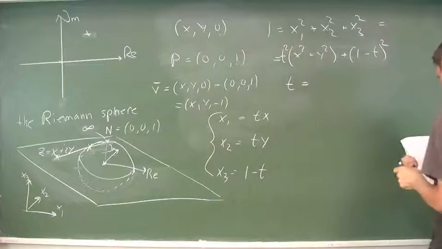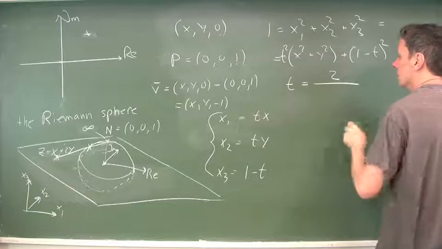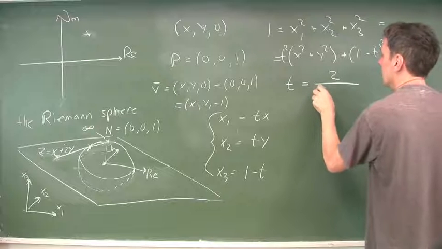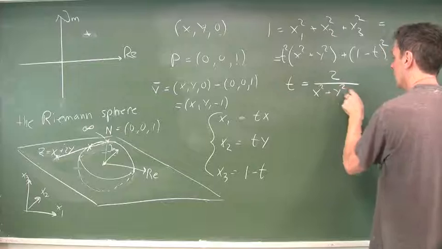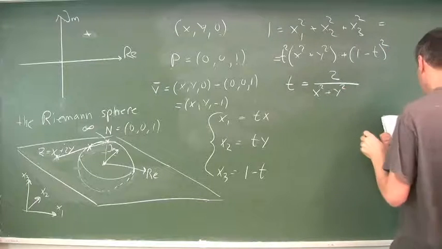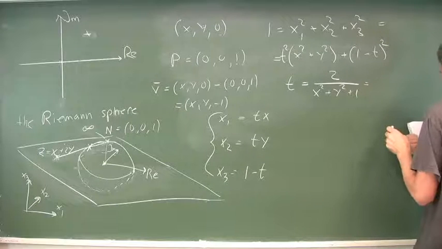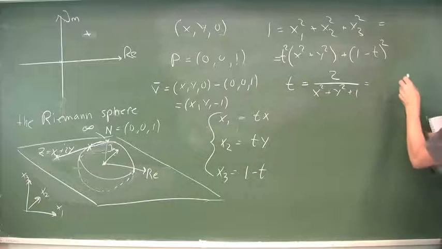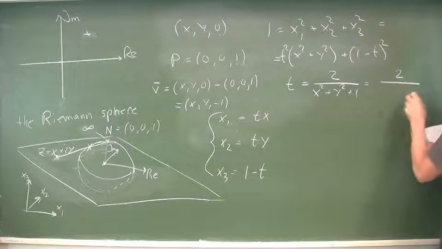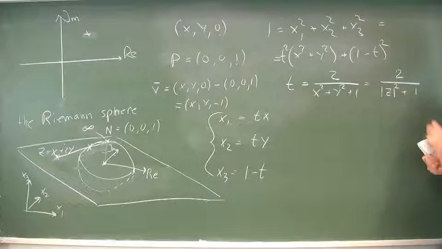Then t will be equal to 2 divided by x squared plus y squared plus 1, which can also be written as 2 divided by the absolute value of z squared plus 1.